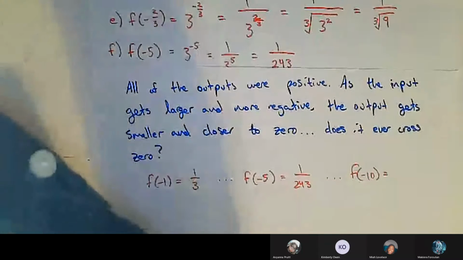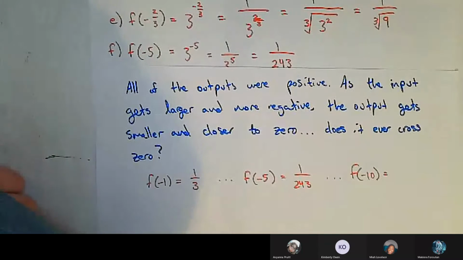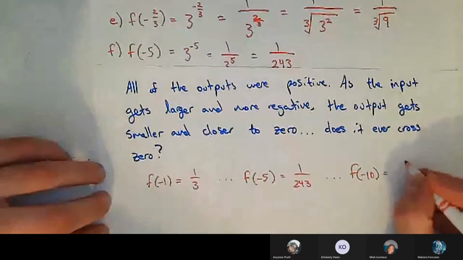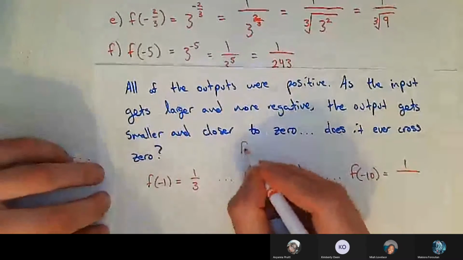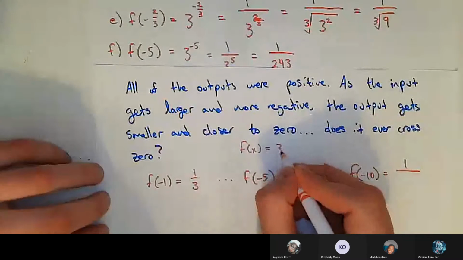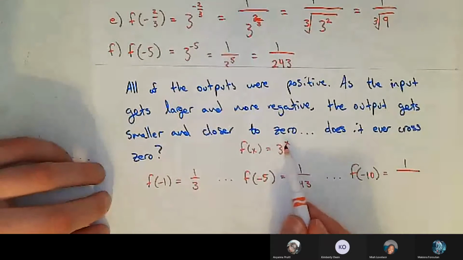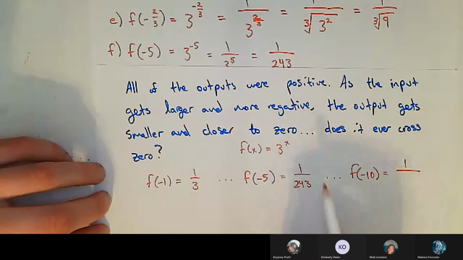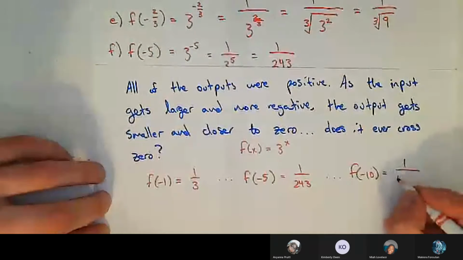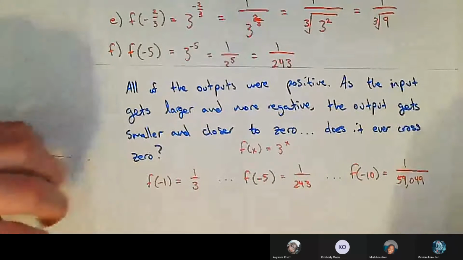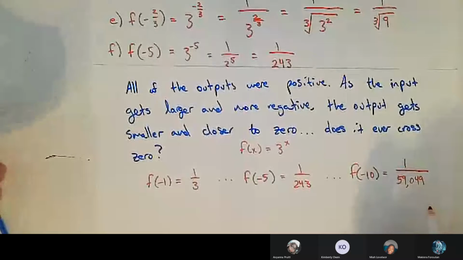I have no idea. Let's go ask the calculator. So this, by the way, is still the same function from example 1. Now I'm giving it a negative 10 up in the exponent, which is flipping it to 1 over 3 to the 10. And 3 to the 10 is 59,049. So that is just super, super close to 0.